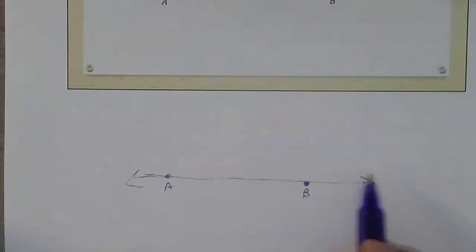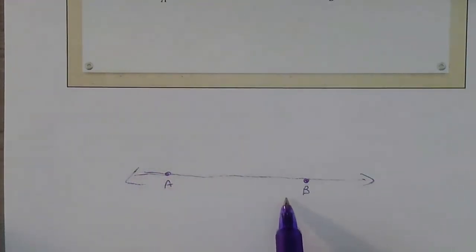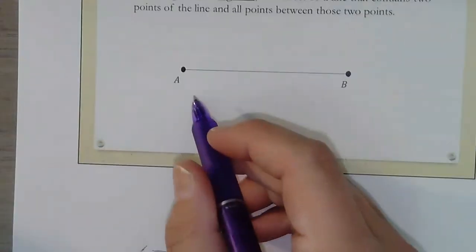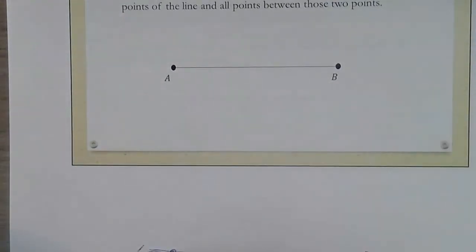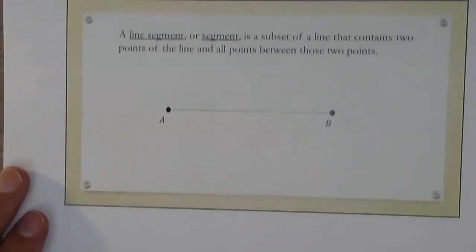This was line AB. So it had arrows on both ends. The subset of that is the ending points. I no longer have where I can go on forever. I have those actual ending points now. And so with those ending points, we have a line segment.